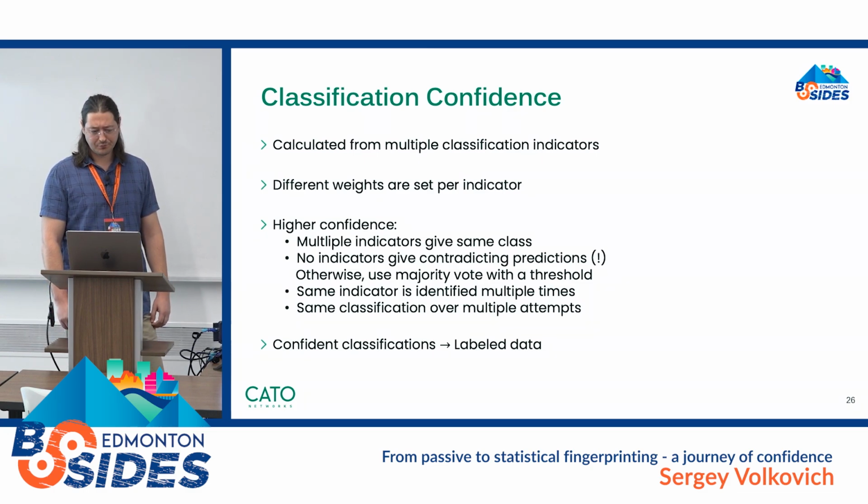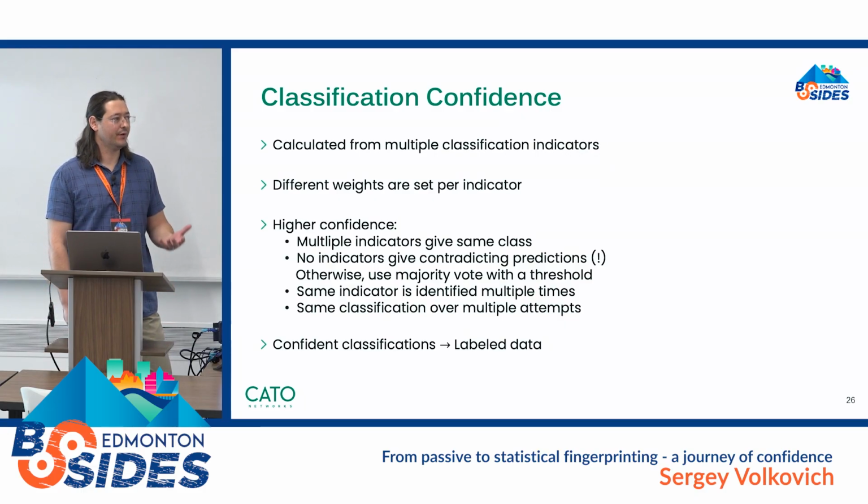First of all, we will use a combination of different classification indicators. By indicator, just to make clear, I mean stuff like the user agent or the DHCP vendor class. We will need to assign different weights per indicator. Strong ones will be given higher weights. Of course, it's kind of an art.